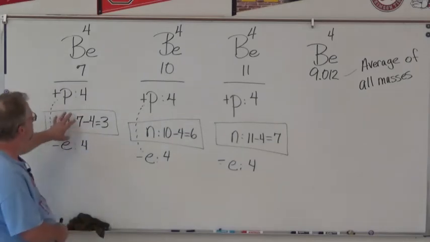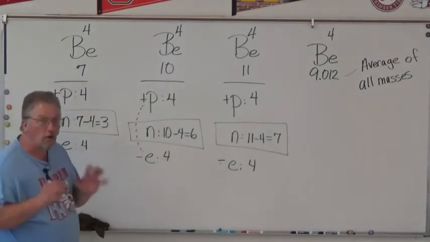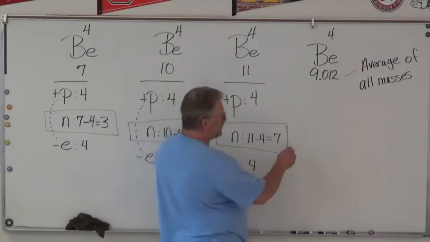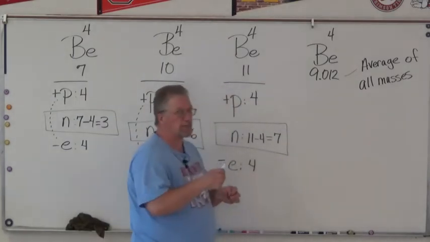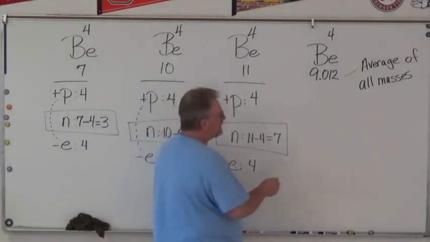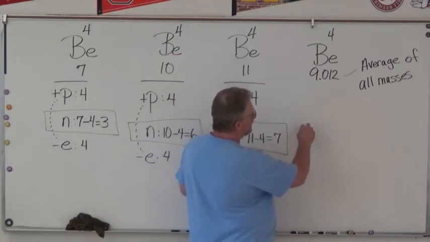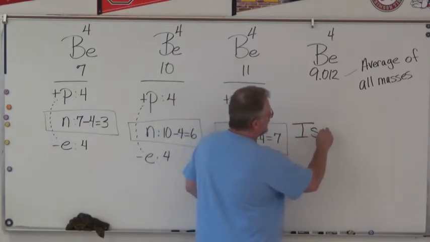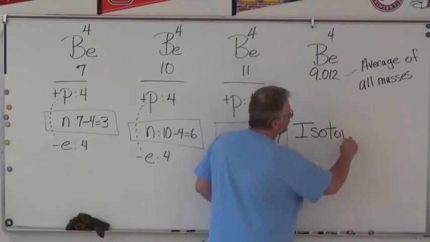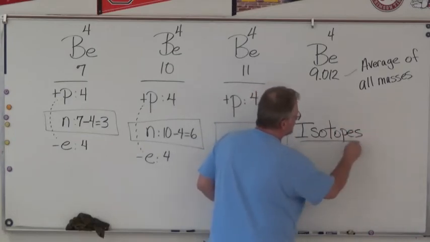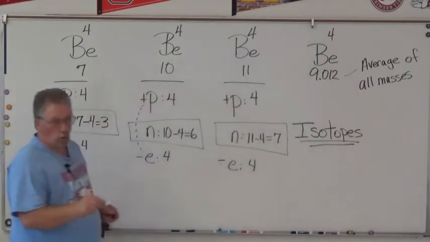These different kinds of beryllium are called isotopes. Okay? This is one of those words you want to put over in the margin. Make sure you remember the vocabulary like we talked about before. These are called isotopes. Okay? Those are called isotopes.